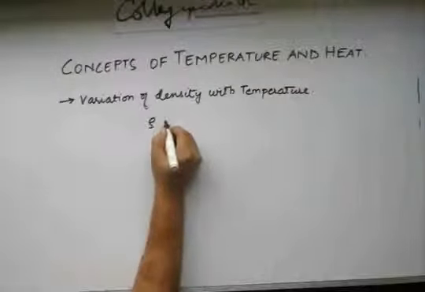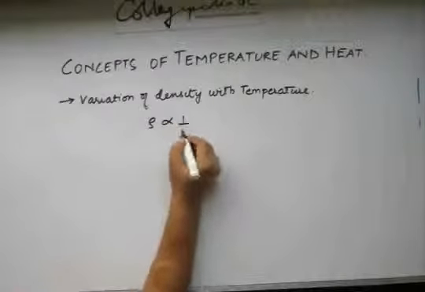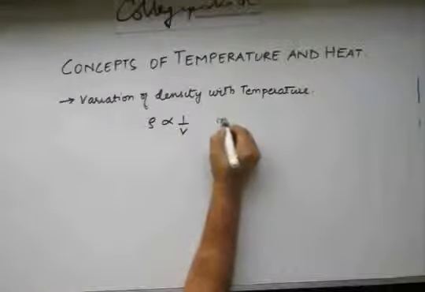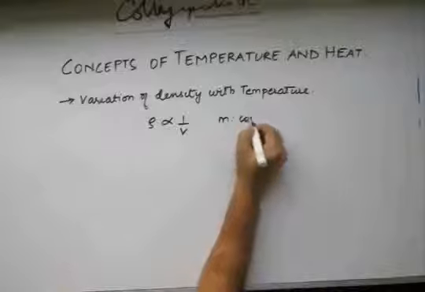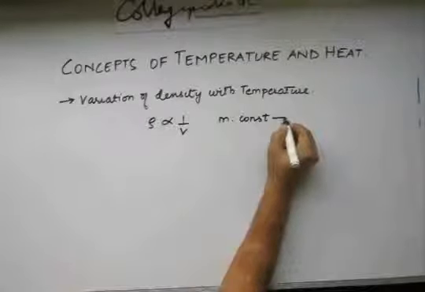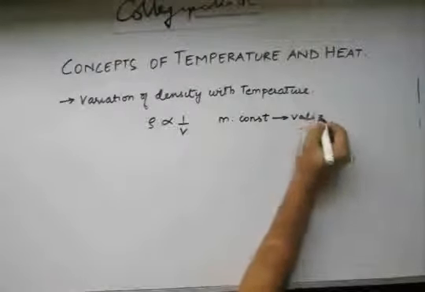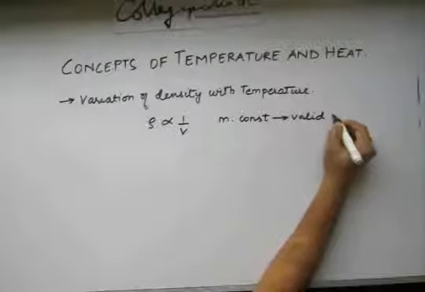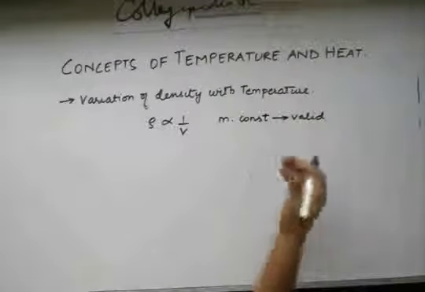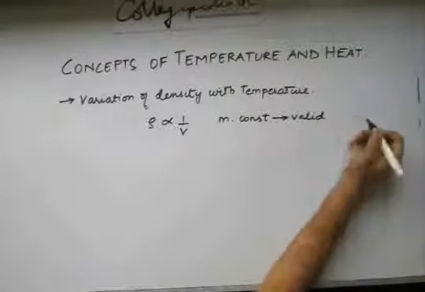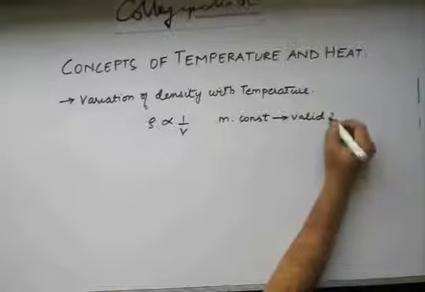We know that density is proportional to 1 by volume, provided mass is constant. This is valid for a given mass.